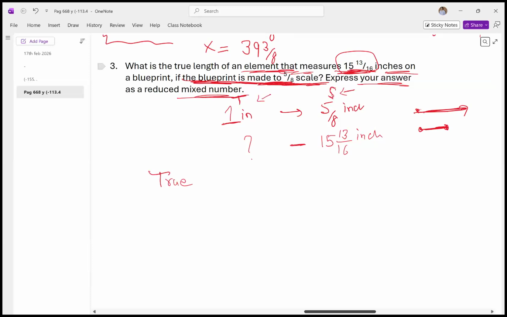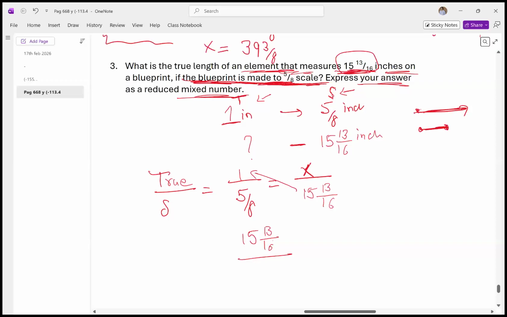This is true upon scaled. So 1 upon 5/8 is equal to true length x upon 15 13/16. And I'm going to move this to the other side: 15 13/16 divided by 5/8 is equal to x.